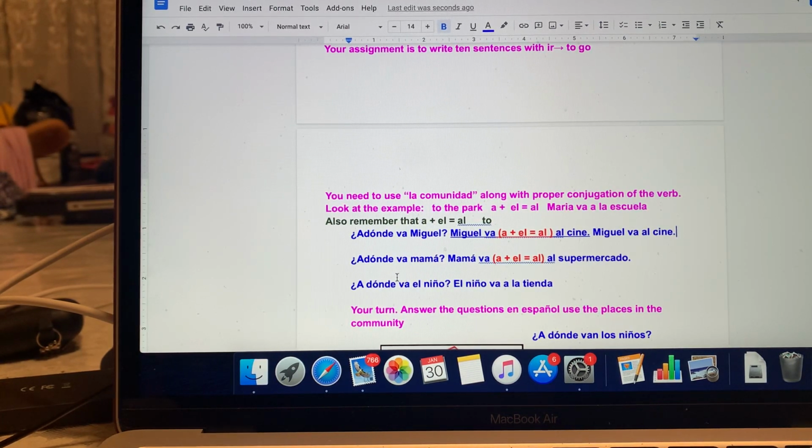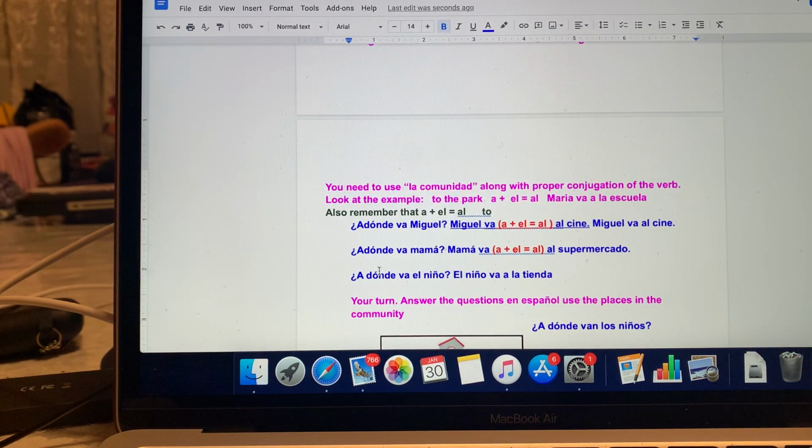Now, let's look at the next example. ¿A dónde va mamá? Where is mom going to? Mamá va a el supermercado. Here we have it again. This word is masculine, therefore it's going to use the masculine singular article, which is el.